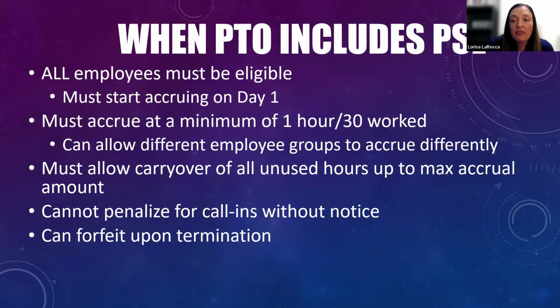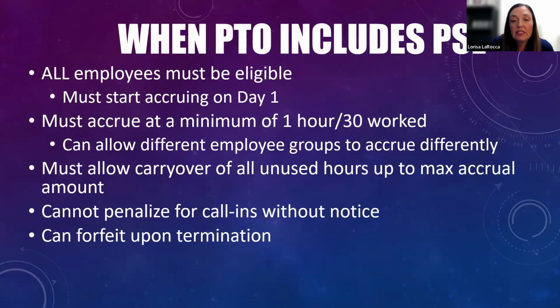Now, that doesn't mean that you have to have everybody accrue at that rate. You can still allow different employee groups to accrue differently, right? So maybe you've got your regular full-time employees who are going to accrue at higher rates for what their PTO is going to be, or maybe you're going to front load those hours and not do it on an accrual method.